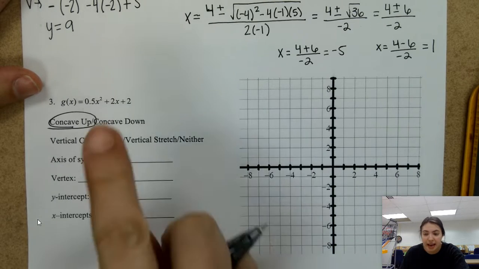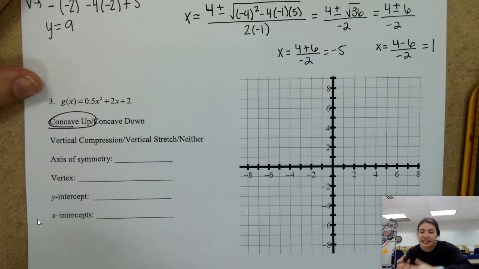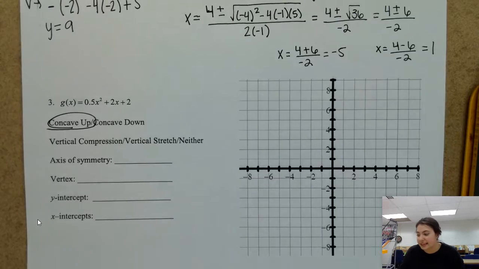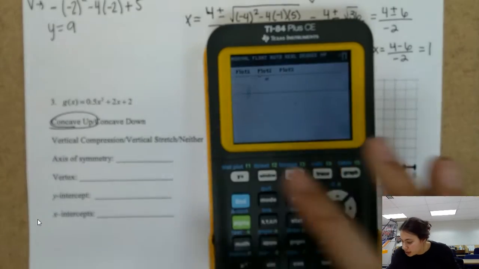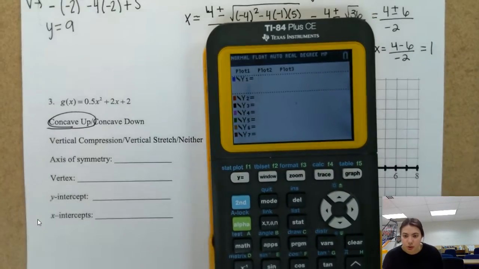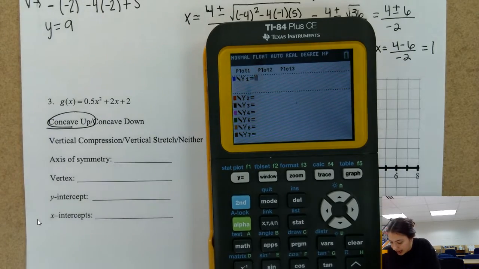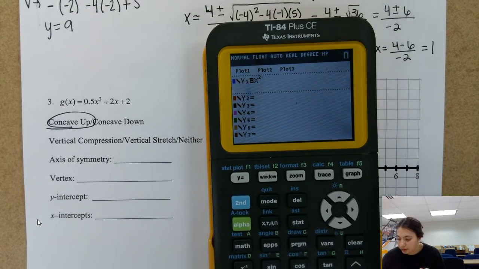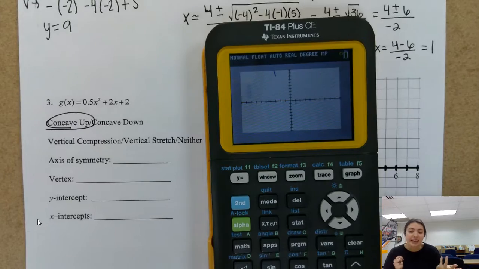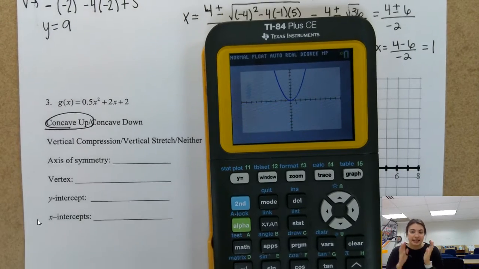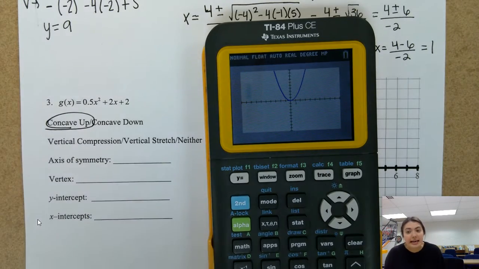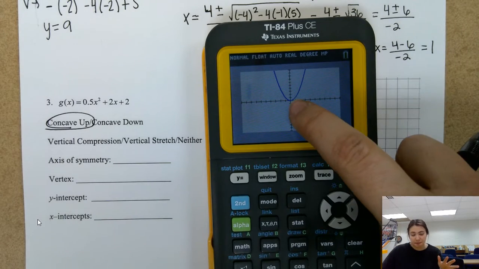Now, because our a value is 0.5, something is going to happen to our parabola, and let's take a look on our calculator. So first off, let's just graph the parent function, y equals x squared. If we graph it, it has one x-intercept at the origin. It's very proportional on either side. That is the parent function, and we always compare it to what this one looks like.